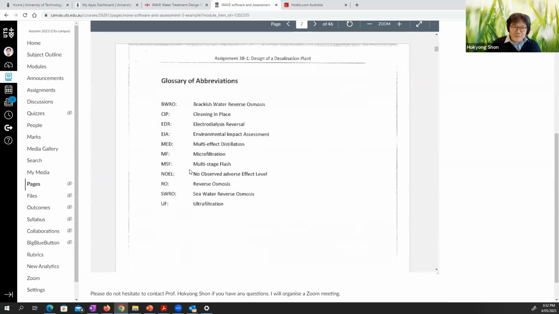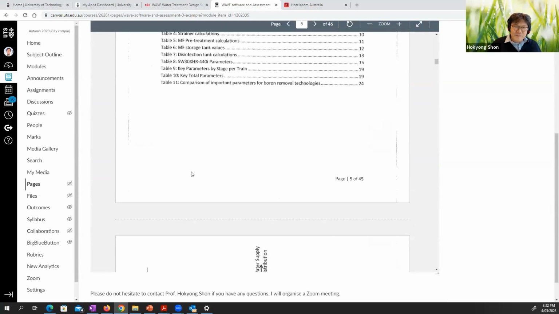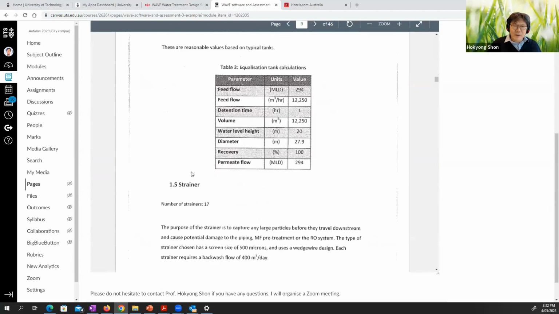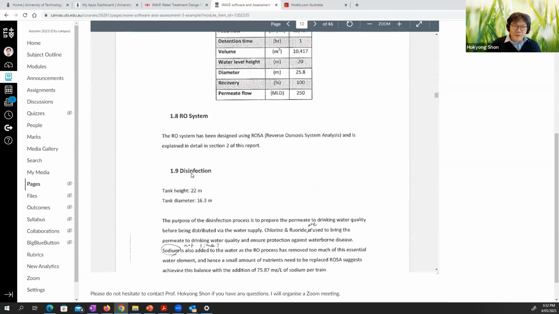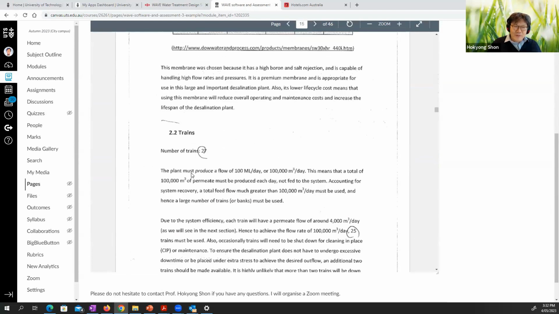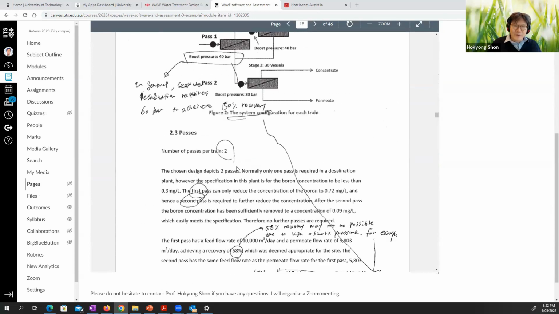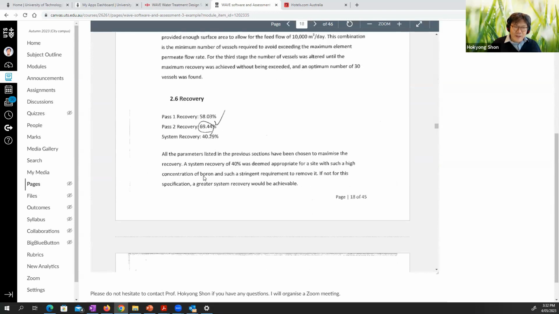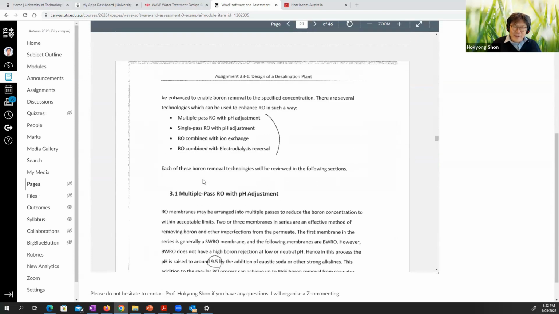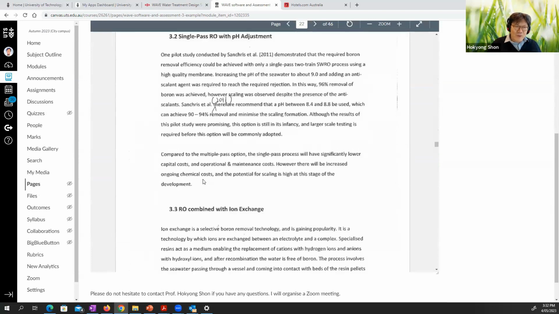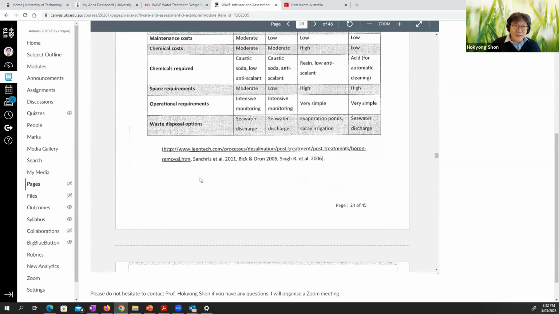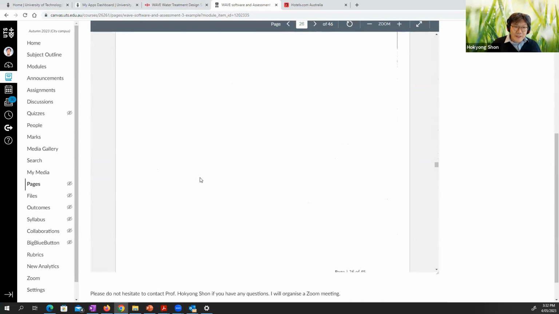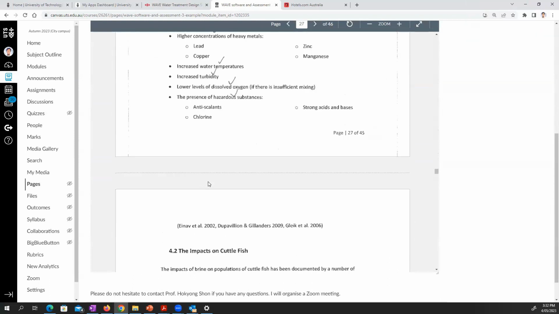What's the design parameter he tried to achieve? What's the WAVE software he utilized to calculate? Then how does this report show it? It's available on Canvas.